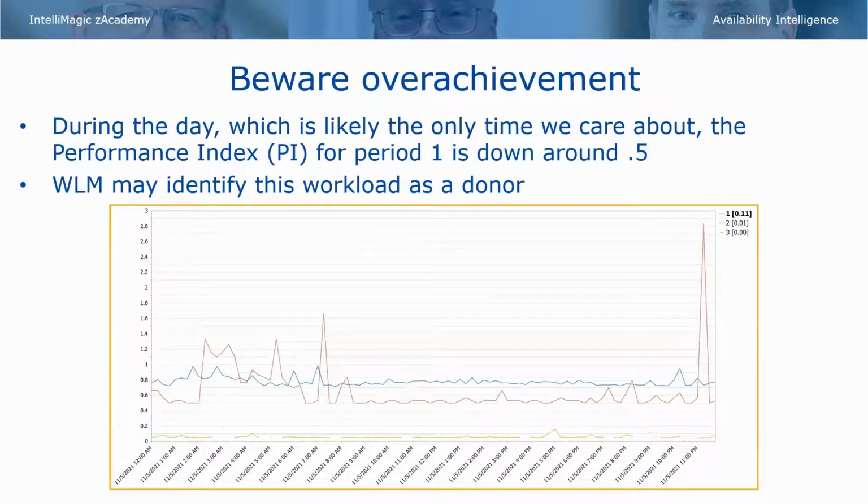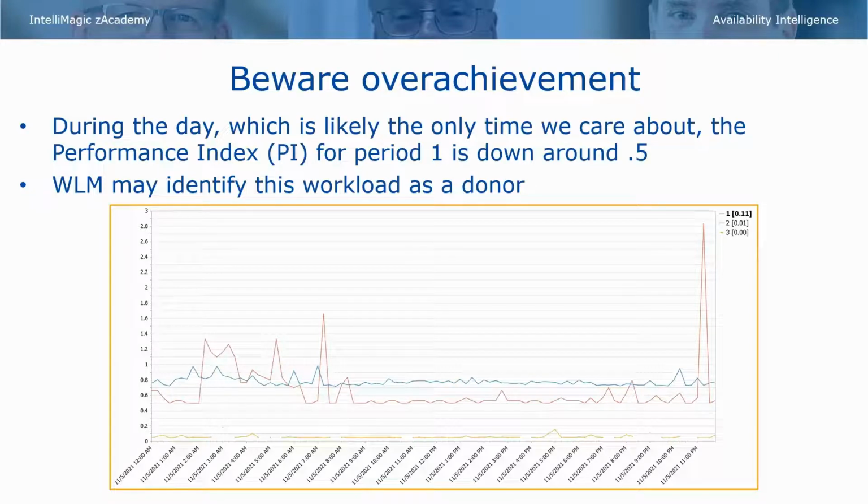Now, many of you might be familiar with this concept of overachievement. When we talk about performance indices, the basic rule is, okay, 1, I'm meeting my goal, greater than 1, I'm missing my goal, less than 1, I'm overachieving my goal. And for the most part, people just think, well, as long as I'm under 1, I'm good. I only care if I'm over 1 when I'm missing my goal, and then I need to fix that.